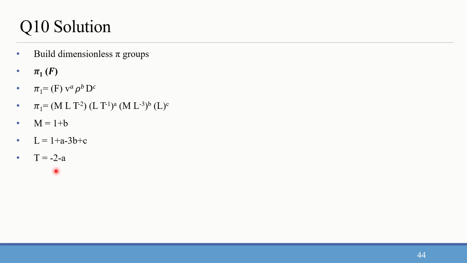If we equate them to 0, minus 2 minus a equals 0, so a is equal to minus 2. And 1 plus b equals 0, so b is minus 1.